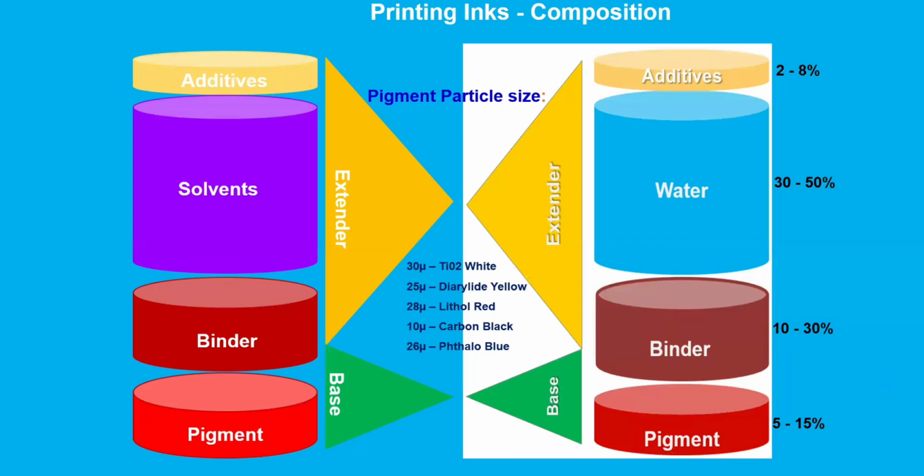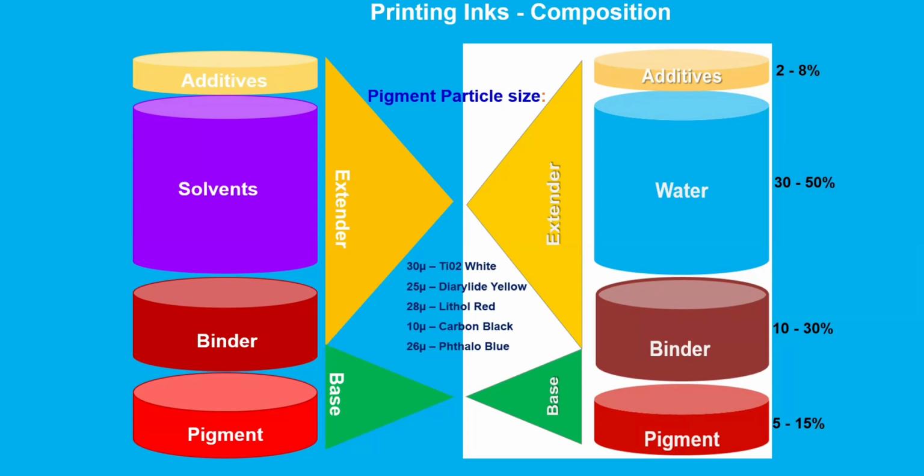When we talk about the printing ink composition, as we discussed in our previous slides, it is based on four components: pigments; binders, meaning resins that help us fix the pigment particles on the substrates; solvents; and additives.